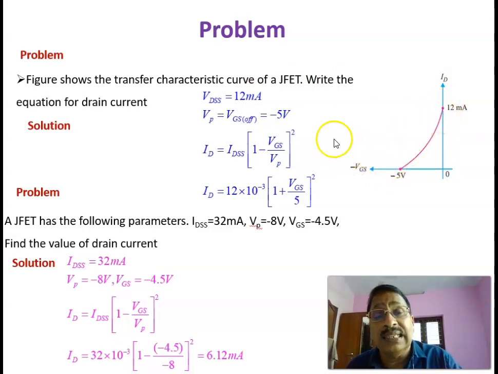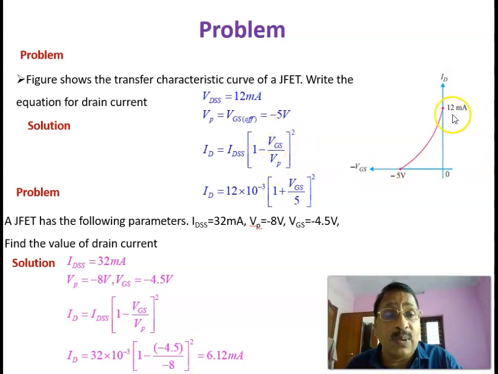As you know, ID equal to IDSS into 1 minus VGS divided by VP, whole square. Here, IDSS is the ID corresponding to VGS equal to 0, which is 12 milliamperes, that is 12 into 10 raised to -3. And 1 minus VGS divided by VP, where VP is -5 volt.